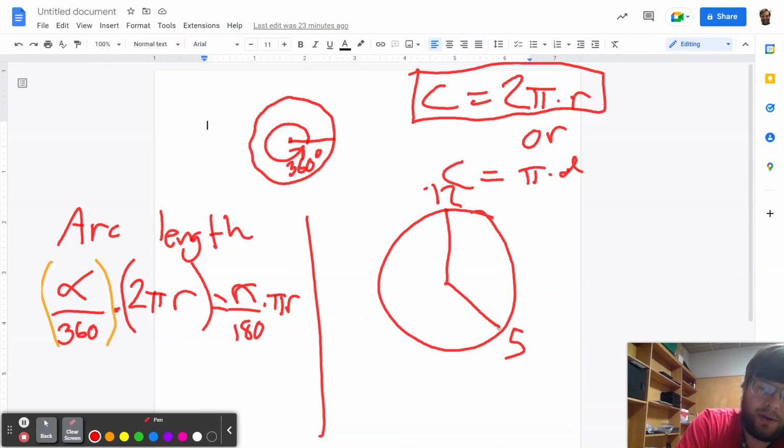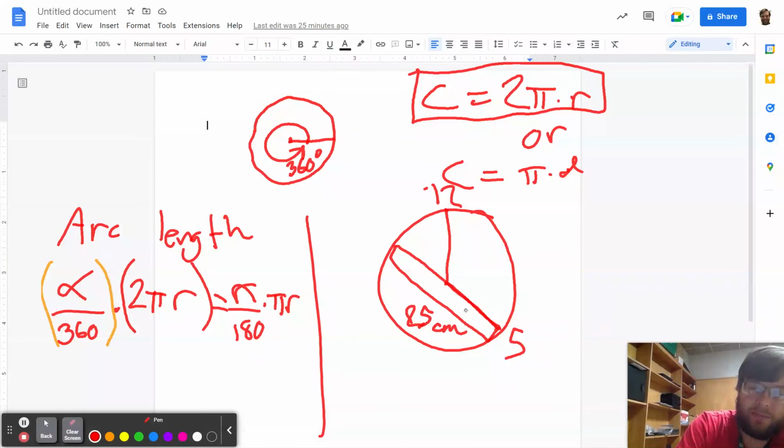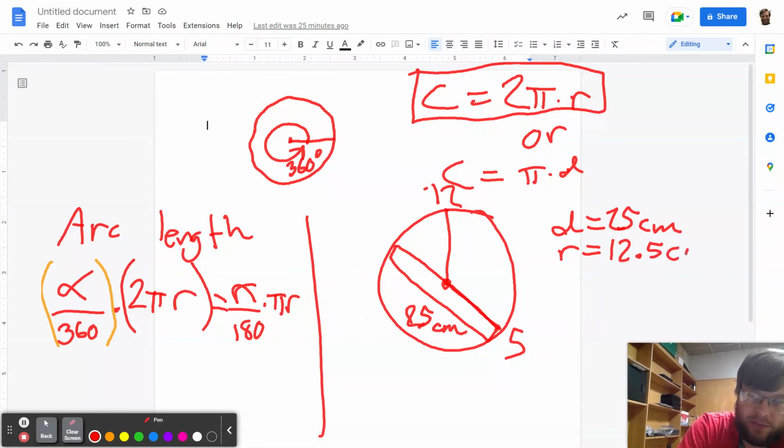And the diameter, if I went all the way through like this, is 25 centimeters. So I'm going to break that up to give me the radius. If the diameter is 25 centimeters, then I know the radius is half of that, 12 and a half centimeters.